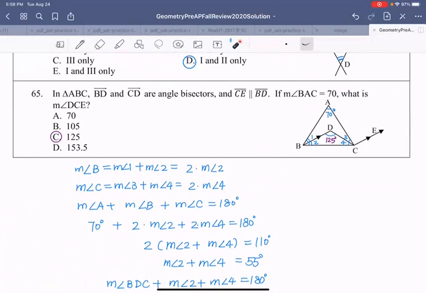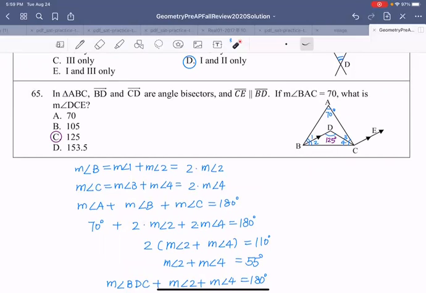Go ahead. Okay, so the measure of angle B equals angle 1 plus angle 2. It's an angle bisector, so they're the same measure. So that equals 2 times angle 2. And then angle C is the same, so it equals 2 times the measure of angle 4.